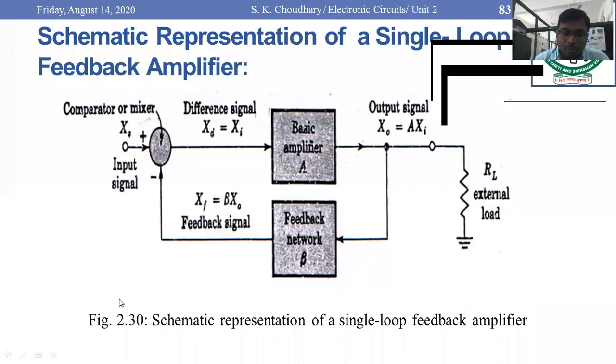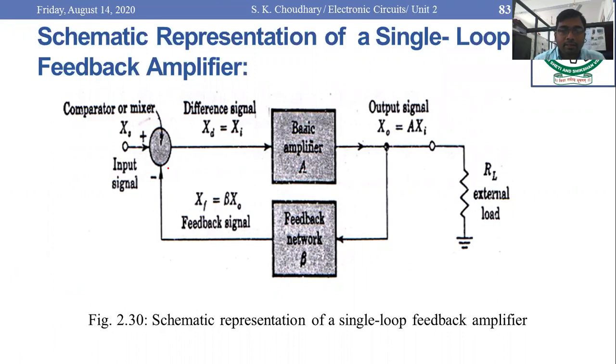So in the input section, you can easily see this is the mixer network, and the output of the mixer network is a difference signal. That difference signal is acting as an input to the basic amplifier.